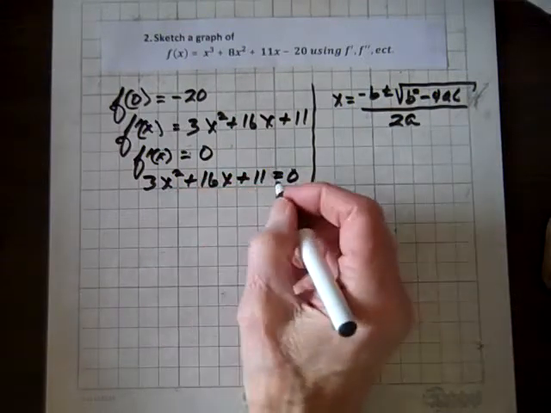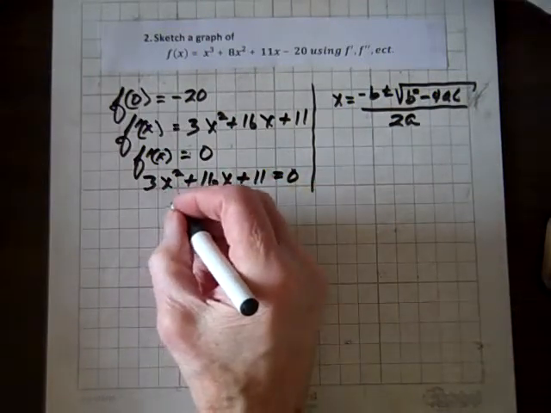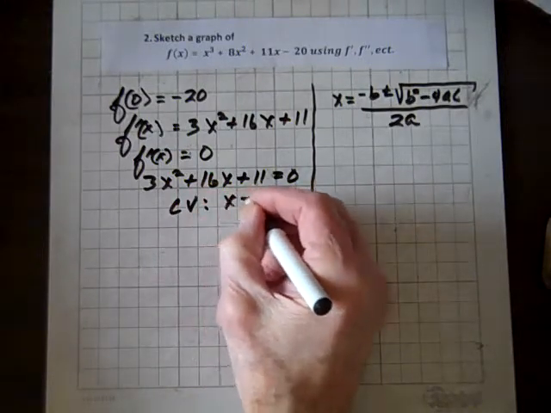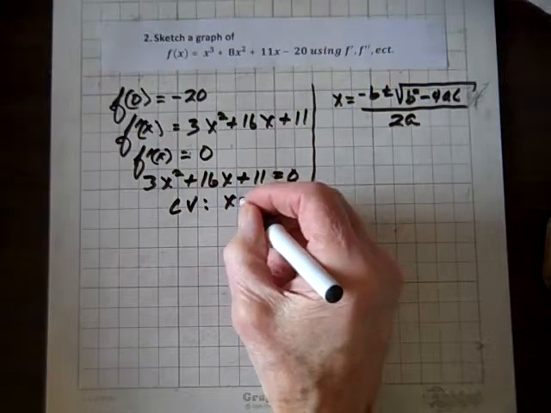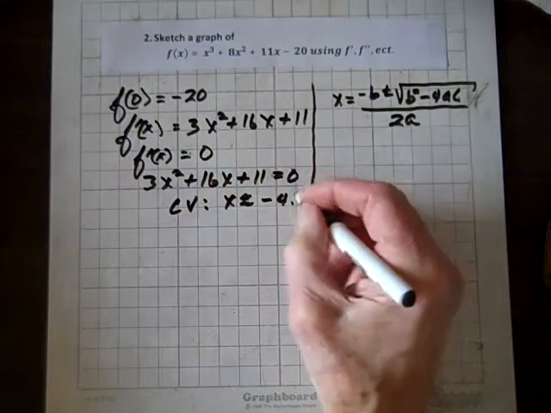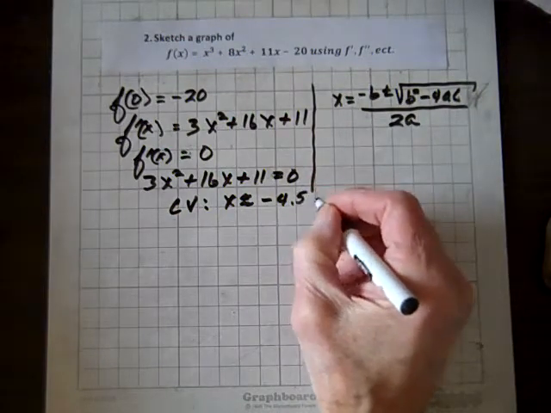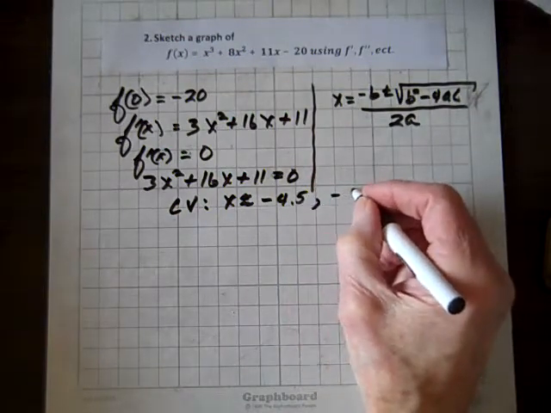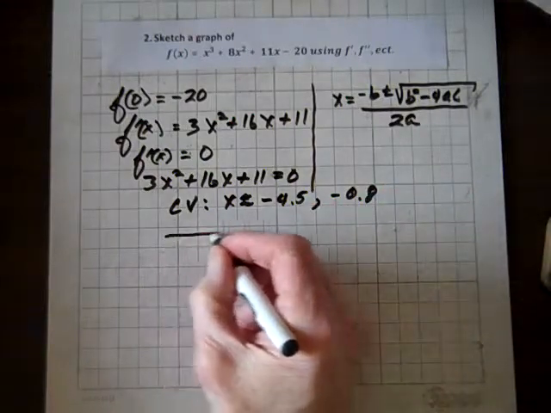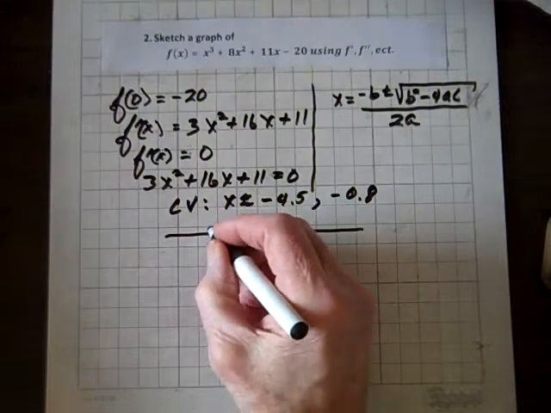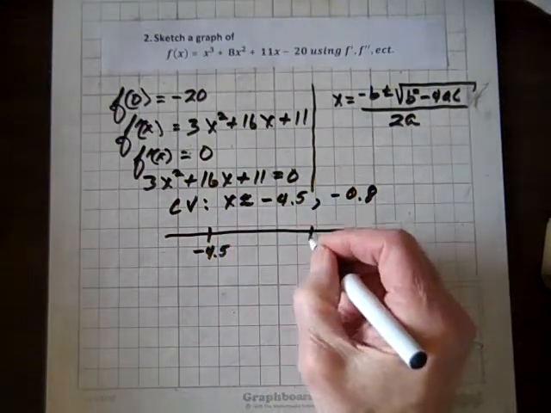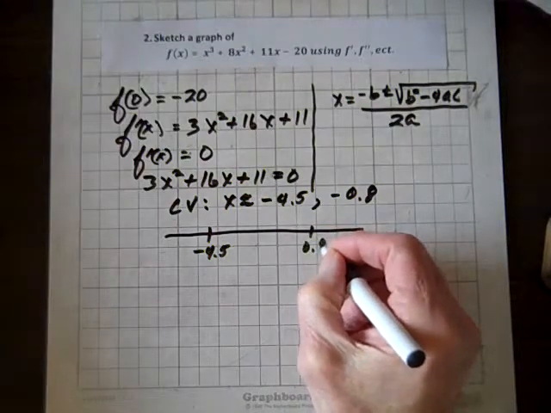So I have the zeros, the critical values, x equals approximately negative 4.5 and negative 0.8. And so we'll put those on a number line, negative 4.5 and negative 0.8.